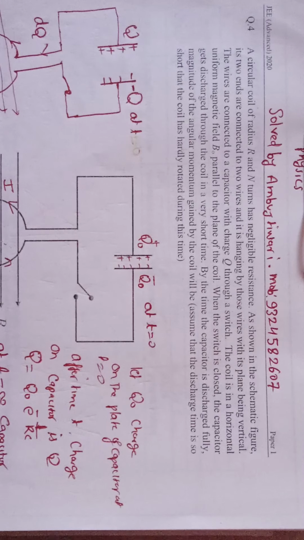So guys, to solve this type of problem, we need the magnetic dipole moment produced in the circular coil. First we find the magnetic dipole moment produced in the circular coil.